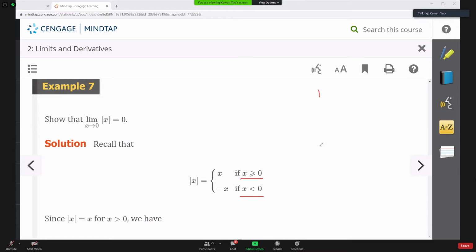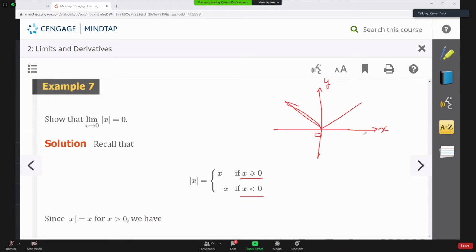If we want to sketch it, this is x, this is y, and this is the origin. For x non-negative, y equals x, the 45-degree line. For x negative, y equals negative x. This is a line, not a curve.